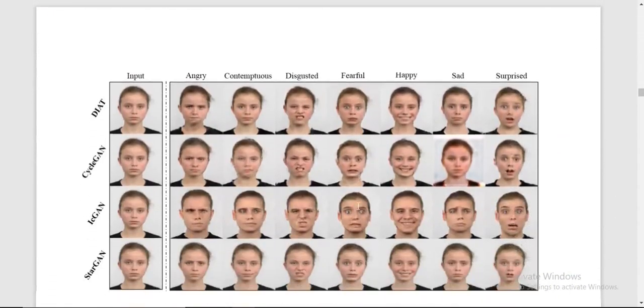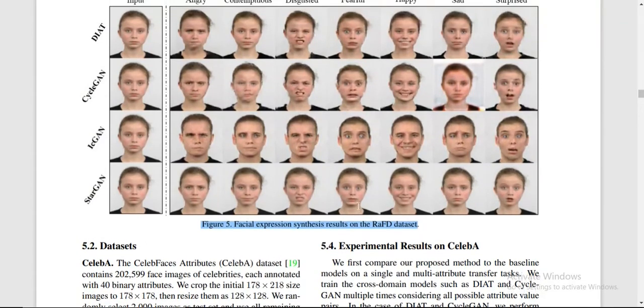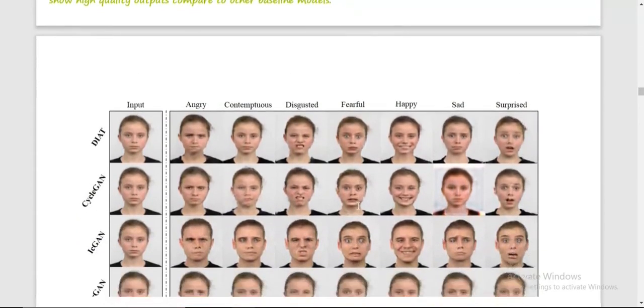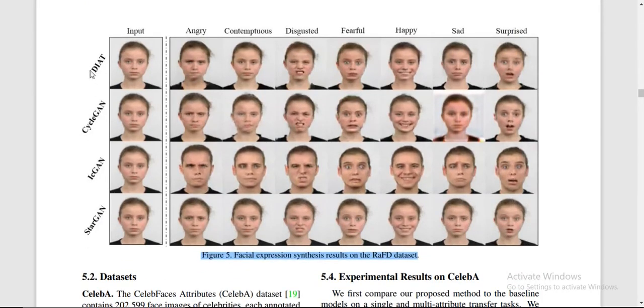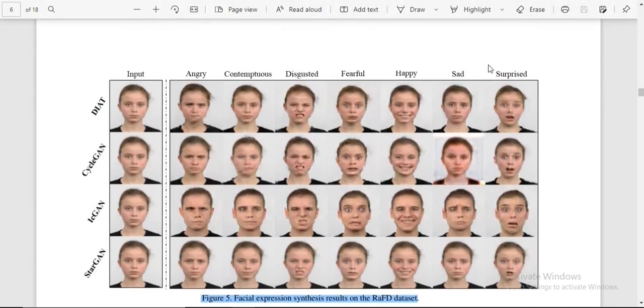So if you see this on the RaFD dataset, for example, and if we compare these three baseline models and StarGAN, StarGAN produces output that seems natural, right, on these seven levels of facial emotions.